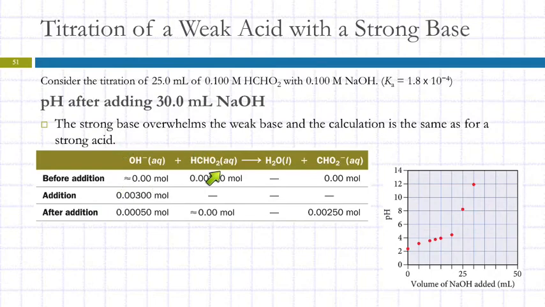That's going to react with all of the acid and leave some extra hydroxide. So now we have some strong base, and we have this weak base present. The strong base wins. It completely overwhelms the weak base, so we don't even have to think about the weak base. All we need to do is look at the number of moles of hydroxide ion and convert that to molarity.